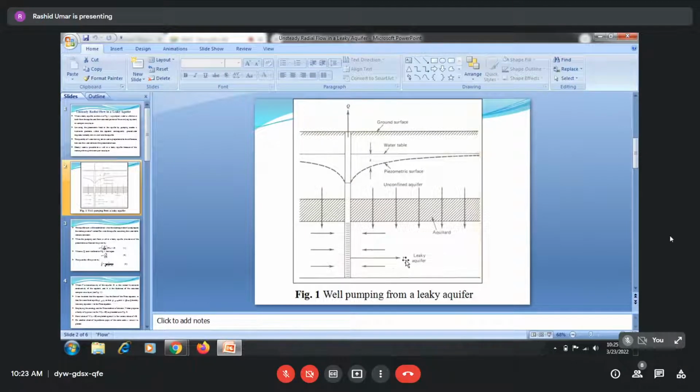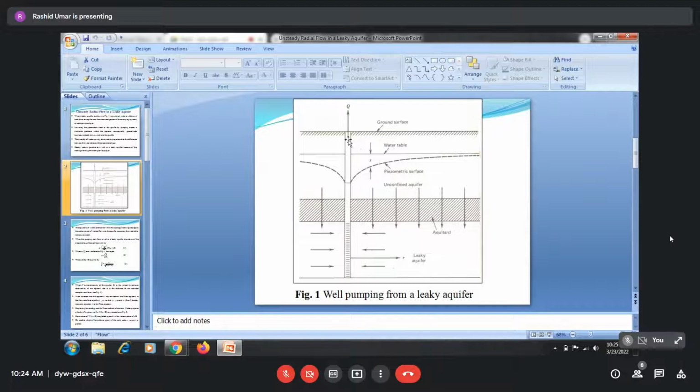Then we need to have an observation well, which may be drilled here, tapping the same leaky aquifer at distance r. Now we start pumping at a discharge Q, and then we measure the change in water level, the potentiometric surface, in the pumping well as well as the observation well located at distance r.